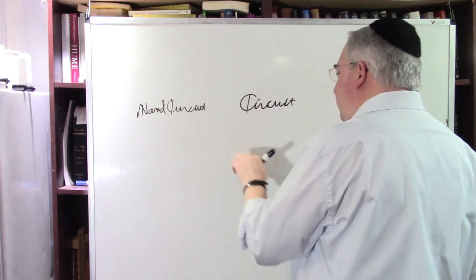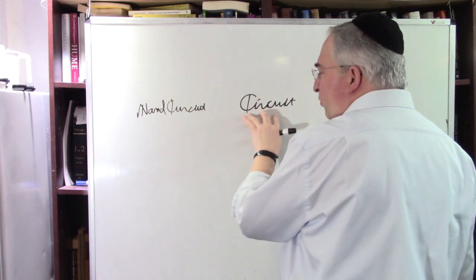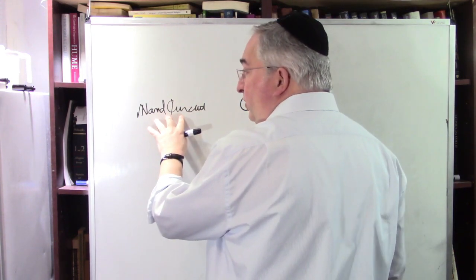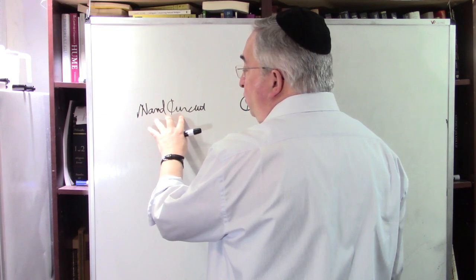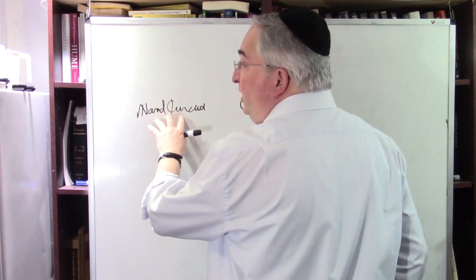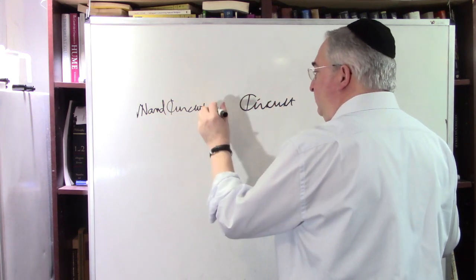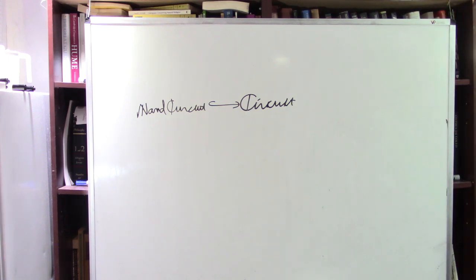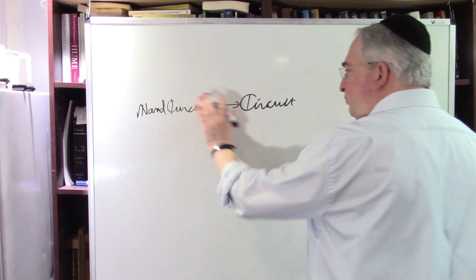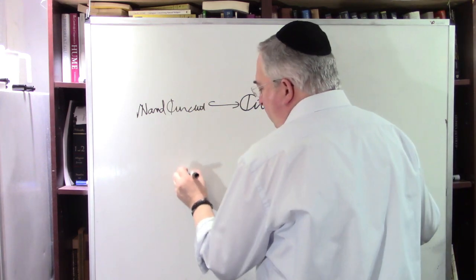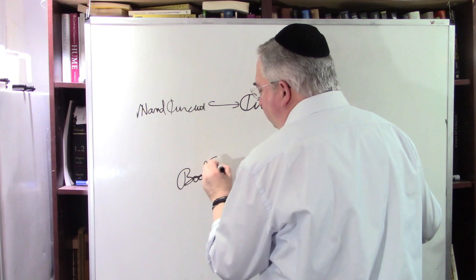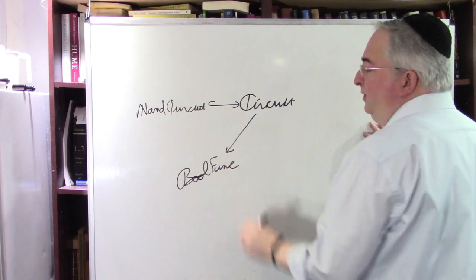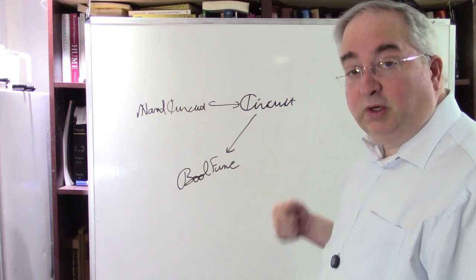Okay, so let's go through it. The objects here are natural numbers, and the morphisms in between them correspond to all possible circuits. The objects here are natural numbers, and the morphisms in between them correspond to all circuits with only NAND gates. There's an inclusion of here into here. These are special types of circuits where you only have NAND gates. Now, every time you have a circuit, you're really describing a Boolean function of what goes in and what goes out.